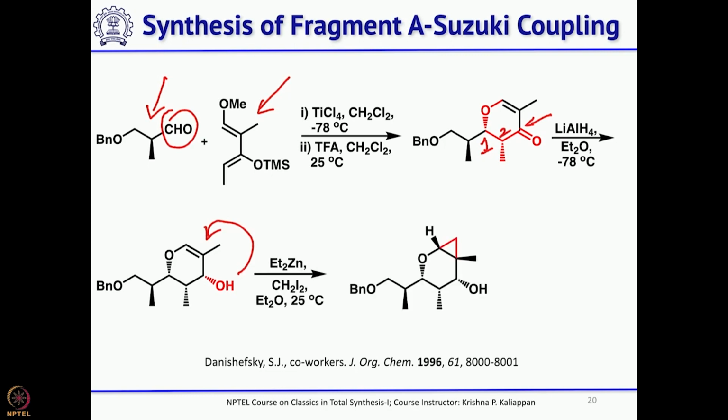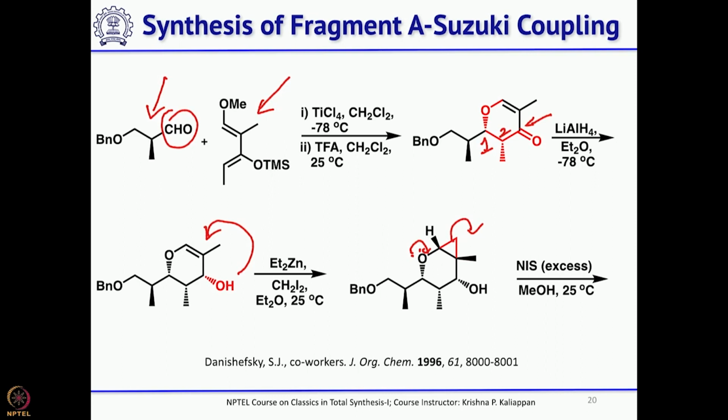The alpha cyclopropanation was carried out using Jarrett's protocol. Now, the cyclopropane can be opened. How? If you use N-iodosuccinimide, then this can break and that will lead to oxonium ion and CH2I.